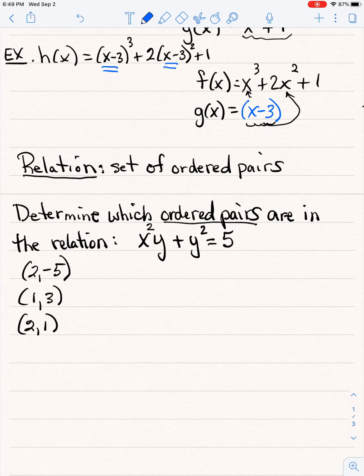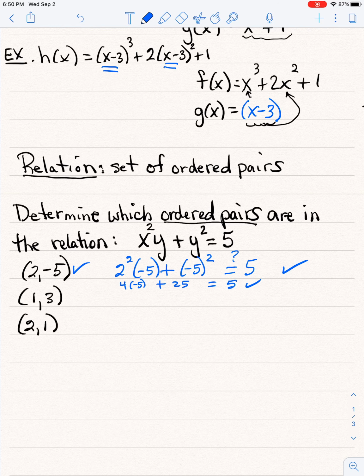So we would do 2 squared times -5 plus (-5) squared, and we want to know, does that in fact equal 5? Well, 4 times -5 is -20, plus 25, sure enough, that one equals 5, so (2, -5) works.